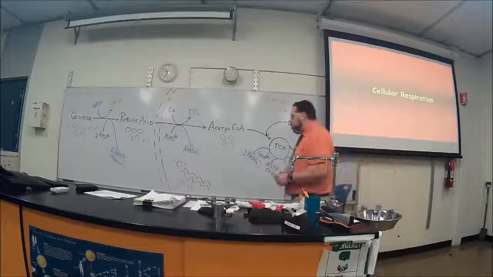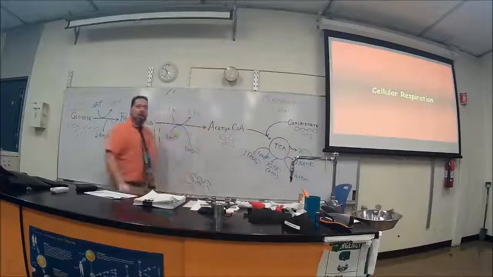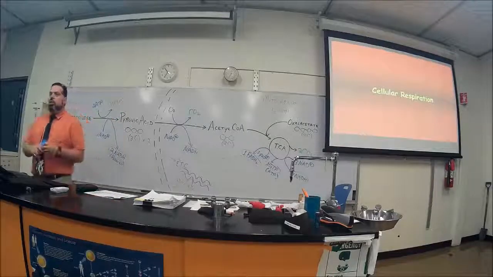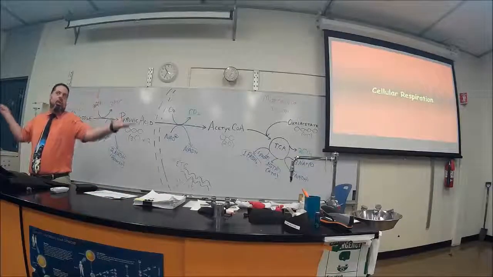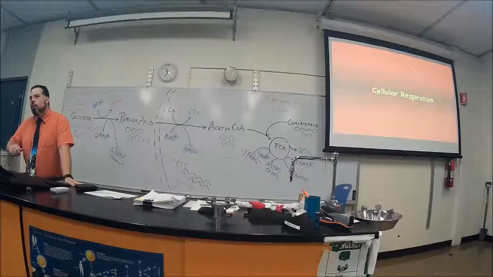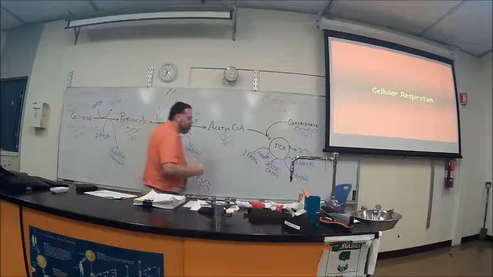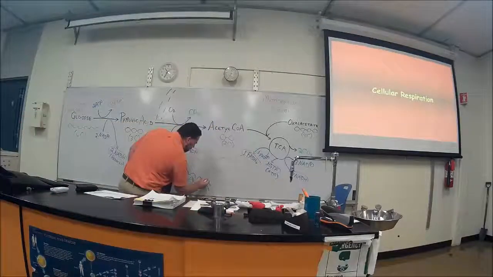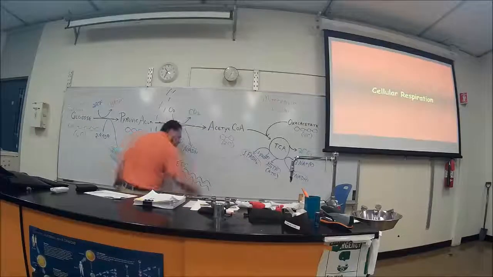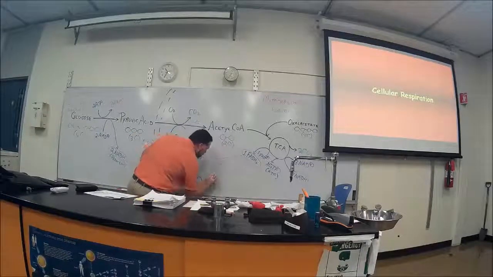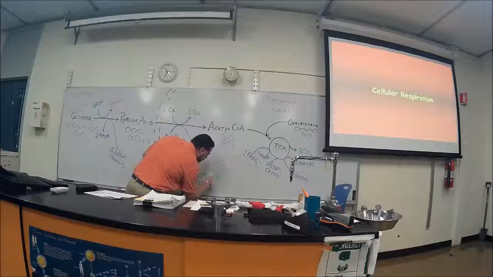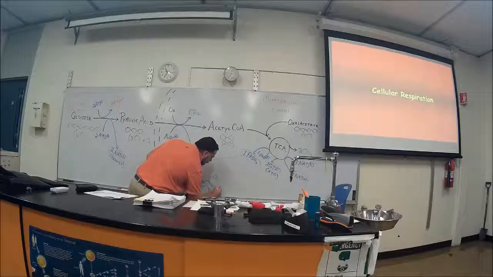The oxygen is going to accept those hydrogens, and one oxygen accepting two hydrogens is going to make what? Come on. Basic. One oxygen and two hydrogens. Water, right. So as O2 gets over here at the very end, it's going to make water.